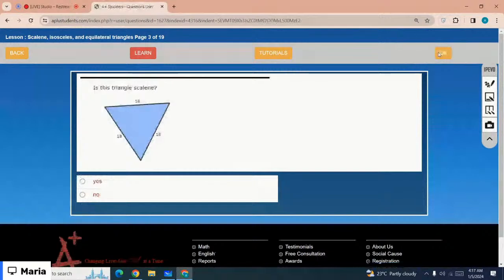Is this triangle scalene? Yes or no? Which is the correct option?